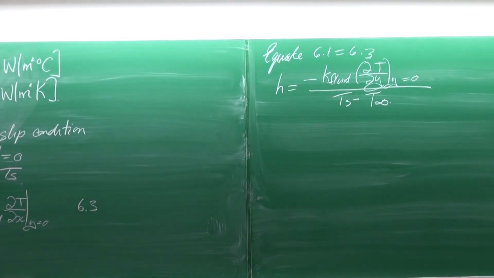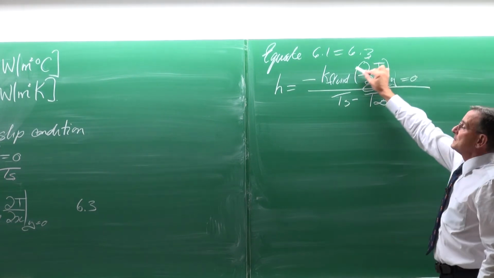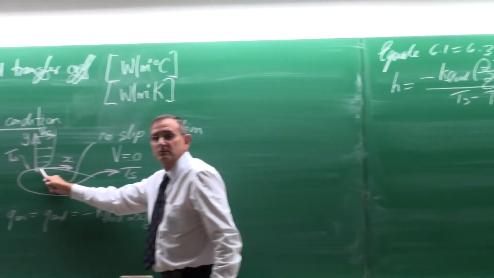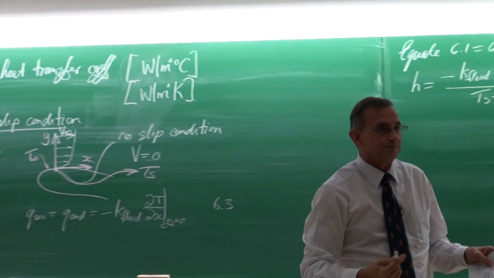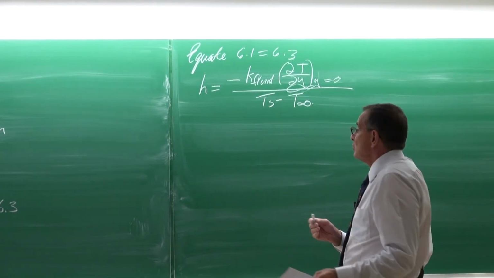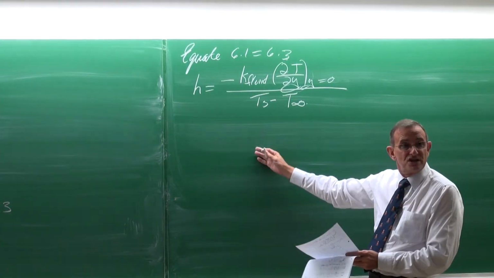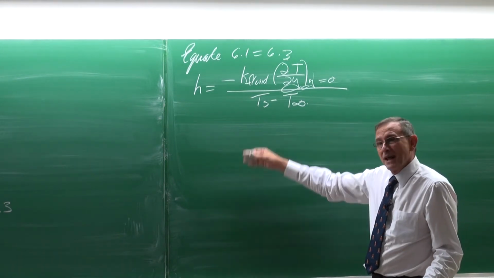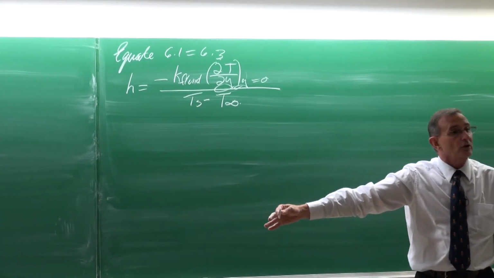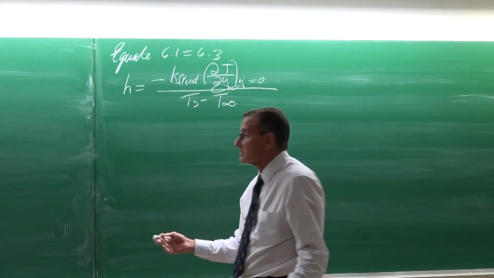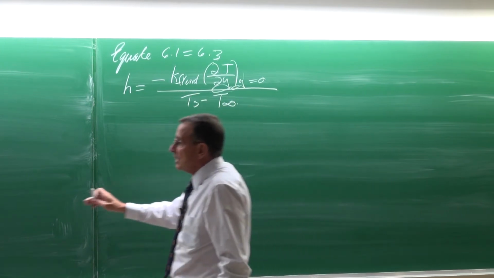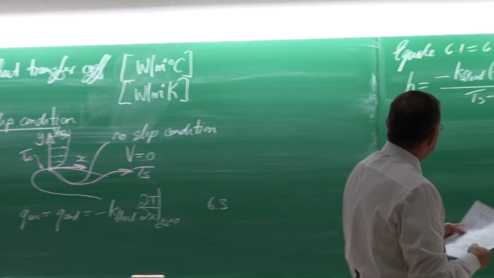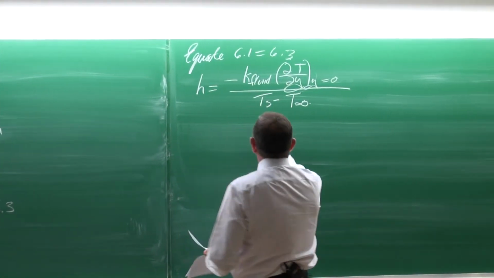This therefore means that we need to know what the temperature profile is at this point to know what the heat transfer coefficient is. Now in your textbook there is an example where the temperature distribution is given and you have to calculate the heat transfer coefficient. However, in practice we never do it like that. We do it differently. We're doing it with experiments. But theoretically, if you know the temperature distribution here in the boundary layer, then you can determine the heat transfer coefficient for it.